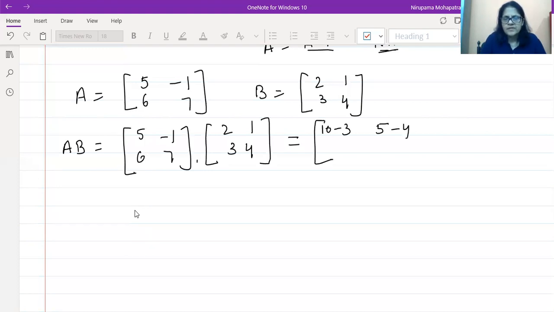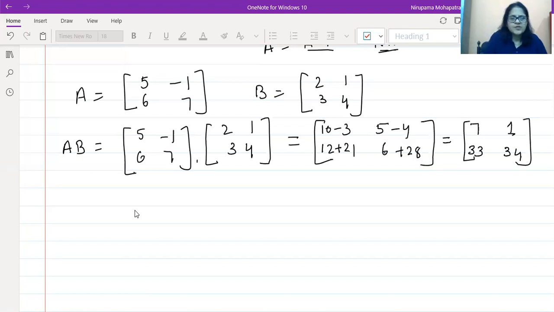Then 6 into 2 is 12, 7 into 3 is 21, giving 33. And 6 into 1 is 6, plus 7 into 4 is 28, giving 34. So we take R1C1, R1C2, then R2C1, R2C2, and you get 7, 1, then 33 and 34.